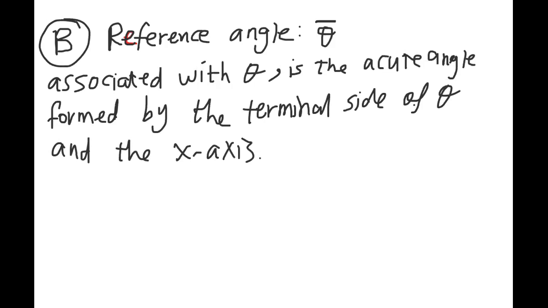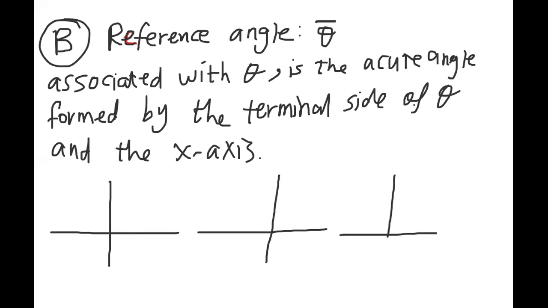So the second part of how to find the angle: we use the reference angle, called theta bar. Suppose I have a graph that looks like this. Now I will answer Taylor's question and Amber's questions, with more explanation here. For example, we start from the initial side. My initial side is always the positive x-axis and the origin is 0.